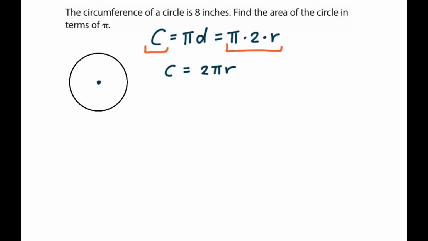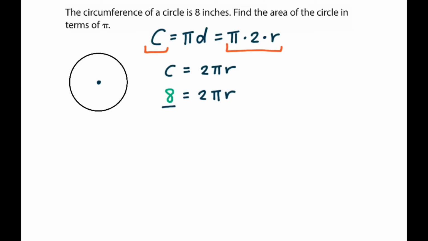So first, let's substitute 8 for C, the circumference, and we get 8 equals 2 times pi times r. To isolate the radius, we can do it step by step by applying the division property of equality.